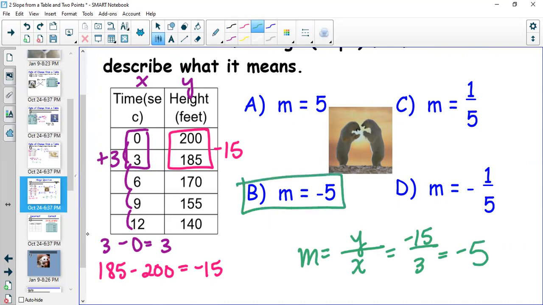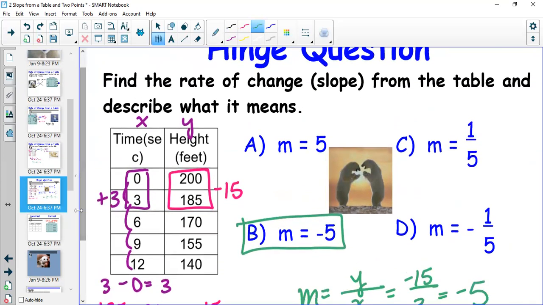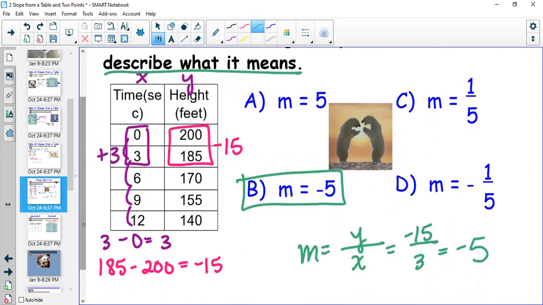Now, the only other thing I would add to this, it says to also describe what it means. Okay, so if I was describing what this meant, I would write it as a fraction, so -5 over 1. And we need to add our labels. So what is going down 5? And so we're going to look at that label.